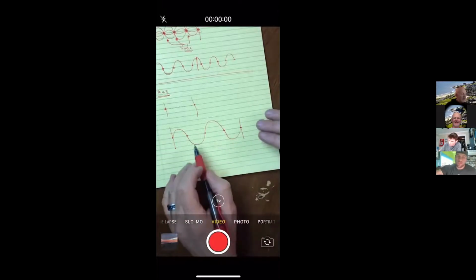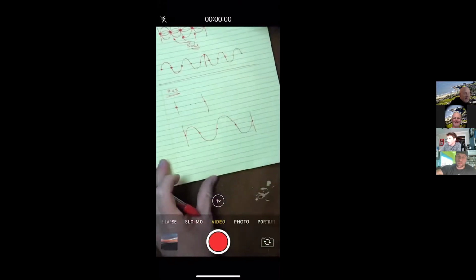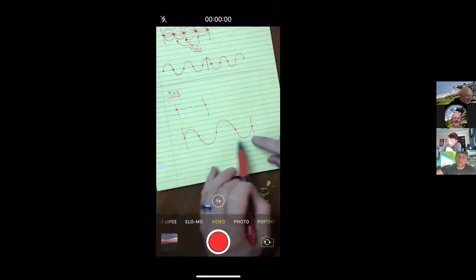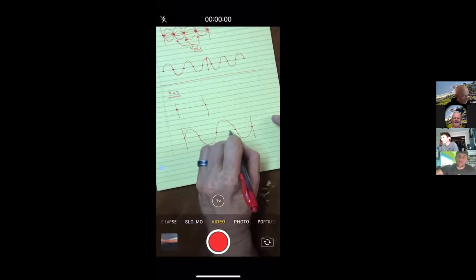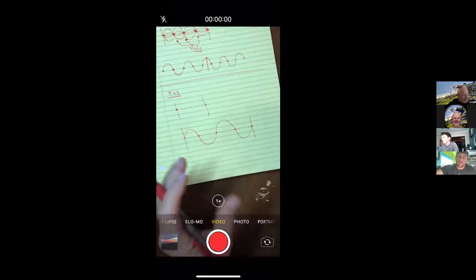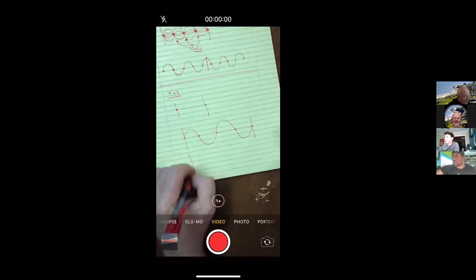Let me just draw it this way. In the earlier problem, I drew it at different moments in time, but now that you have a good understanding of that, let me just draw it at one moment in time. It's kind of like a snapshot of it. So that's the fourth harmonic.